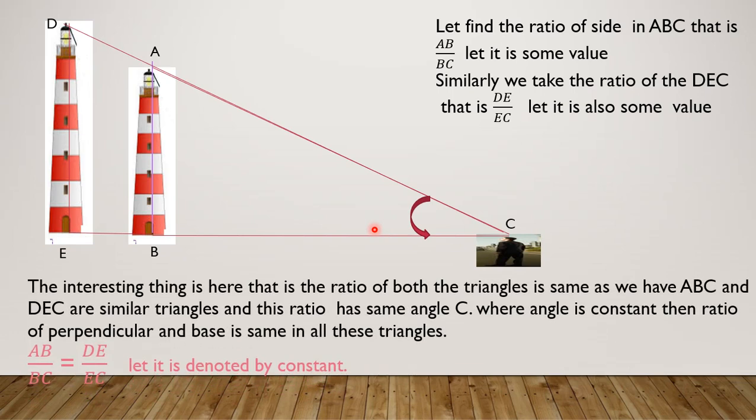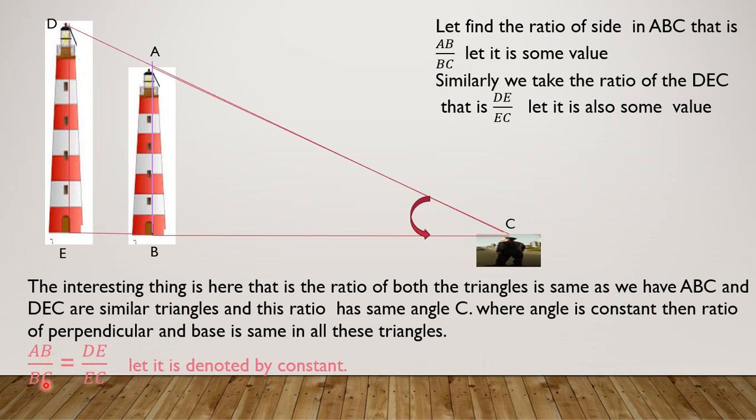Now one interesting thing is that the ratio, perpendicular and base, for both triangles is the same with respect to angle C, as we are observing from angle C. Why is it the same? ABC and DEC are right angled triangles and angle C is common to them, so both triangles are similar. By the similarity condition we can write that the ratio is the same.